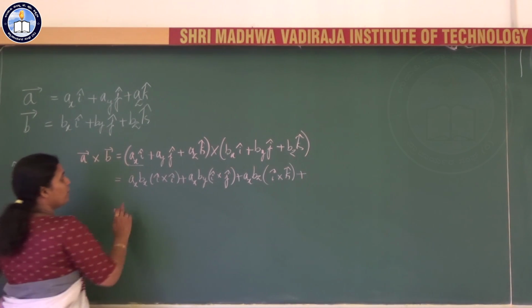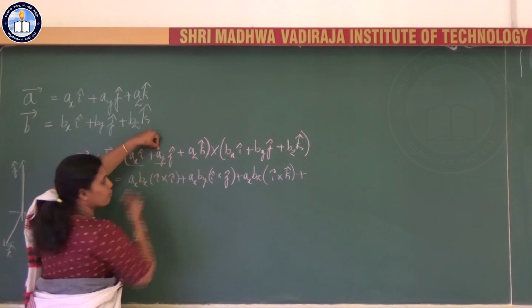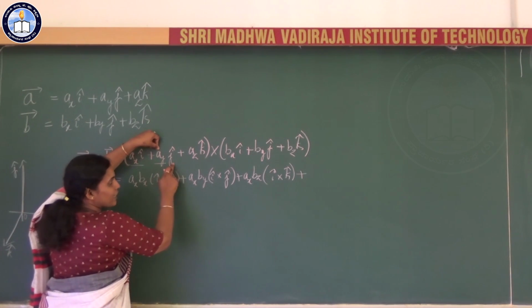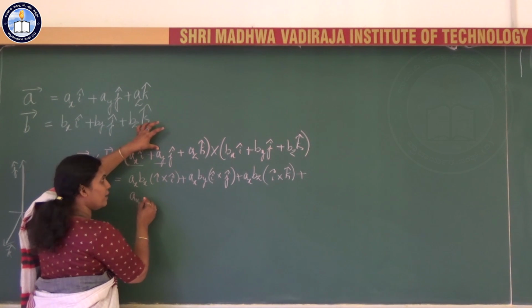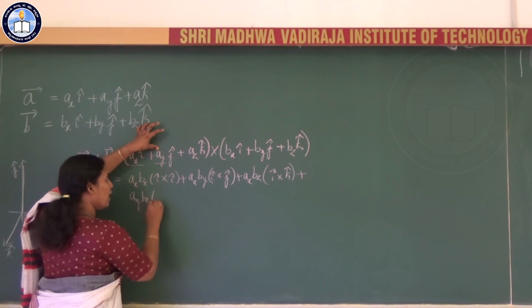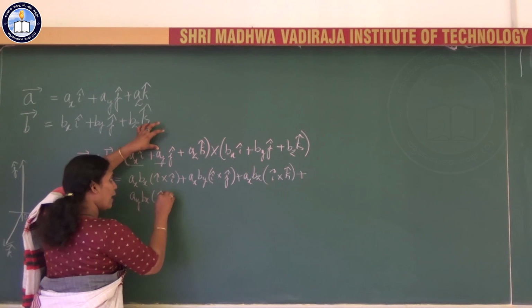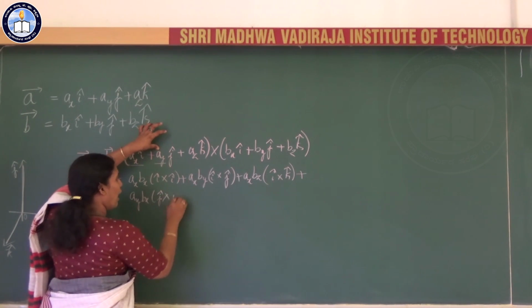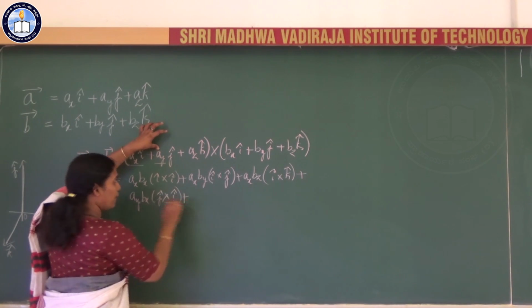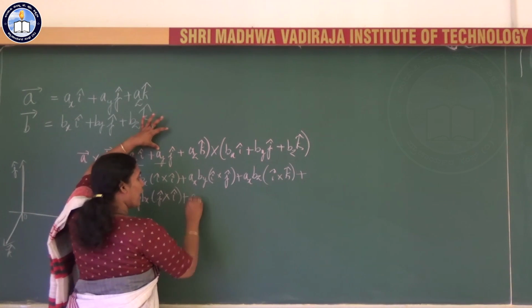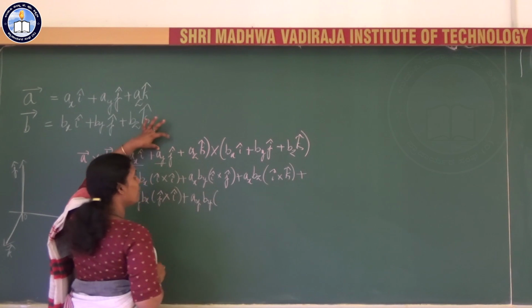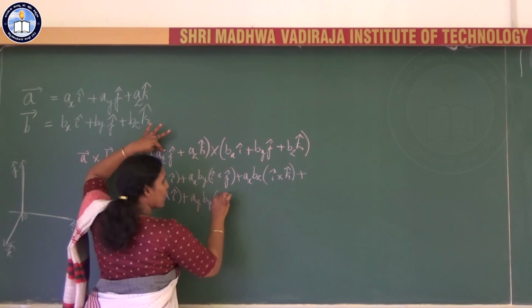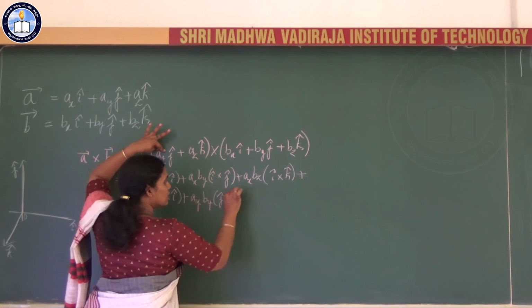you can go for Ay j cap cross Bx i cap. So it is Ay Bx j cap cross i cap, plus similarly Ay By j cap cross j cap.